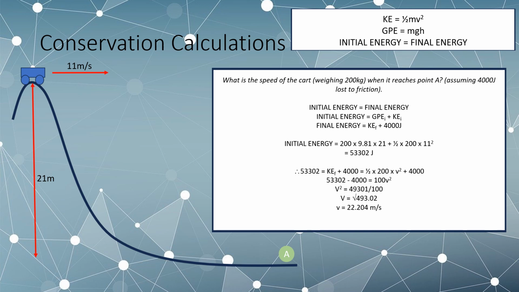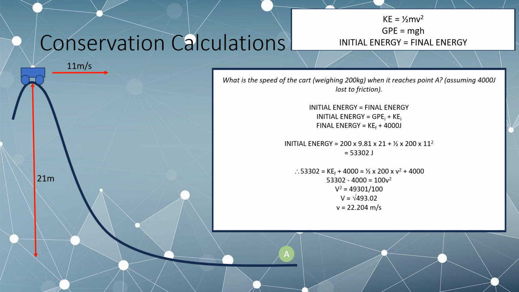So we're left with 100 v squared on the right-hand side because I've multiplied half by 200. And on the left-hand side, we have 53,302 take 4,000. Our next line down gives us v squared because we then divided both sides by 100. So v squared equals 49,301 divided by 100.